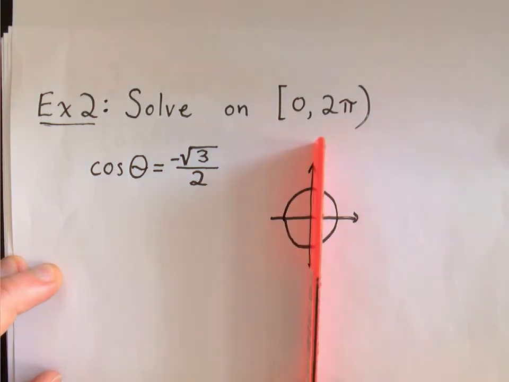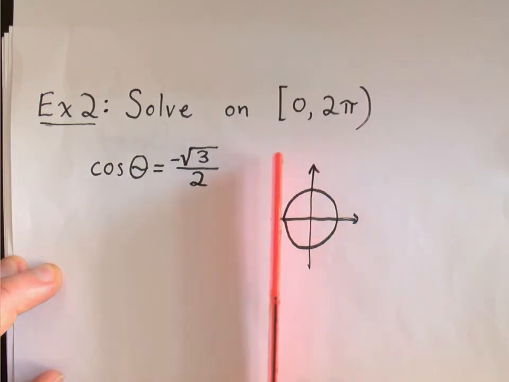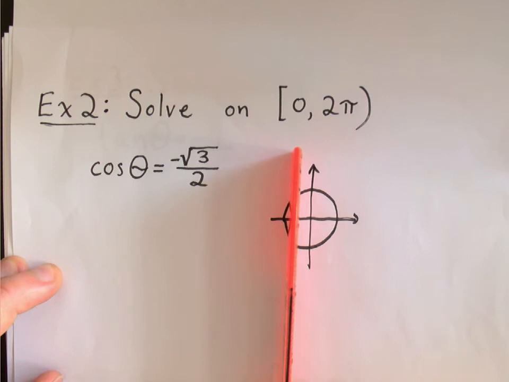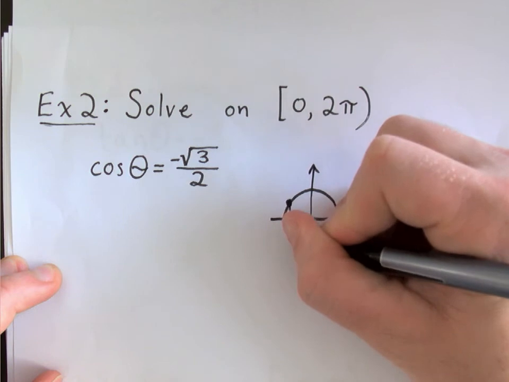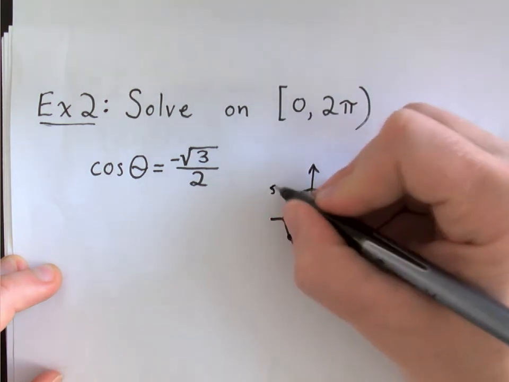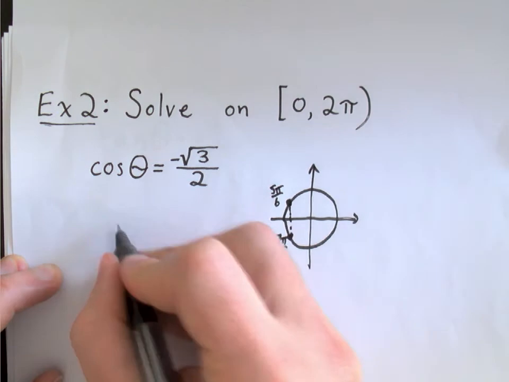So for x-coordinates, we're imagining vertical lines, x equals 1, and x equals -1. So we're really close to x equals -1, about as close as you can get and still be a known value on your unit circle, right about here. And those angles are 5 pi over 6 and 7 pi over 6.